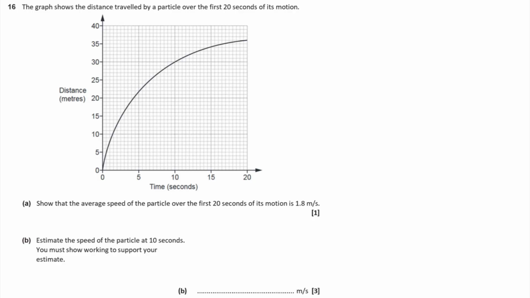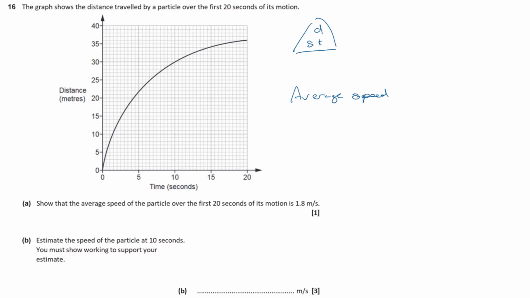Question 16. The graph shows the distance travelled by a particle over the first 20 seconds of its motion. Show that the average speed of the particle over the first 20 seconds of its motion is 1.8 meters per second. Okay. So average speed. Do you know the DST triangle?